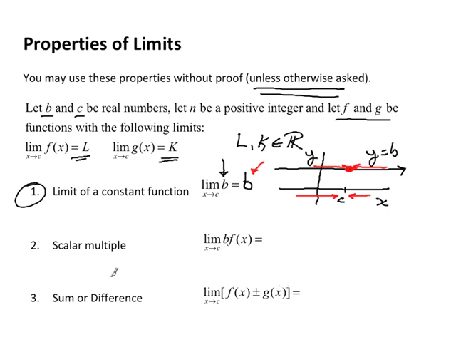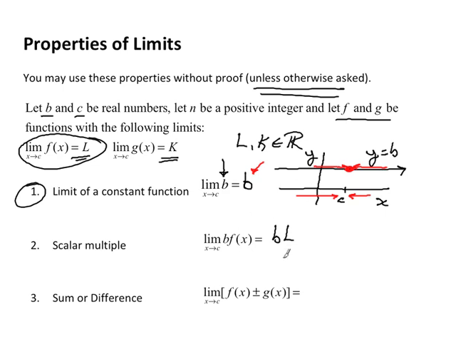Okay, scalar multiples. The limit as x approaches c of b times f of x will equal b times L. Remember, L is the limit as x approaches c of f of x. So f of x approaches L. So if I take some constant value b and multiply it by f of x, all I'm really doing is multiplying the limit L by b.